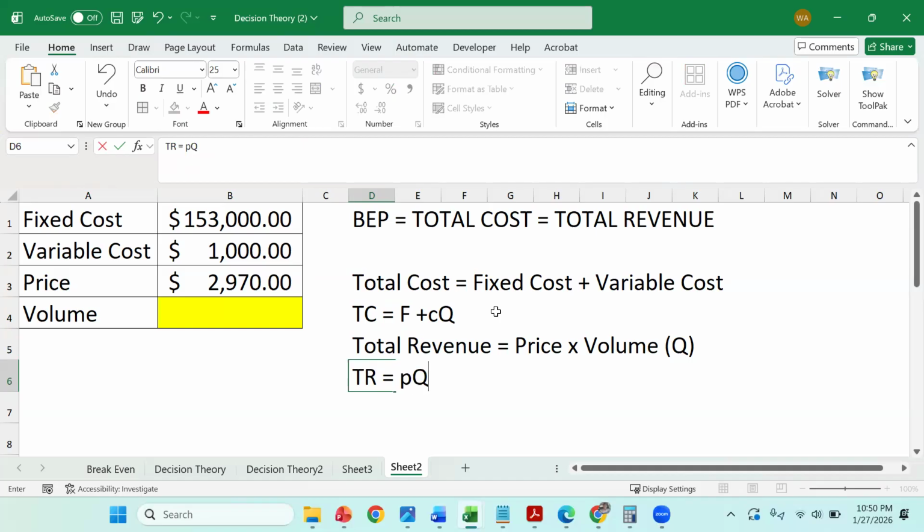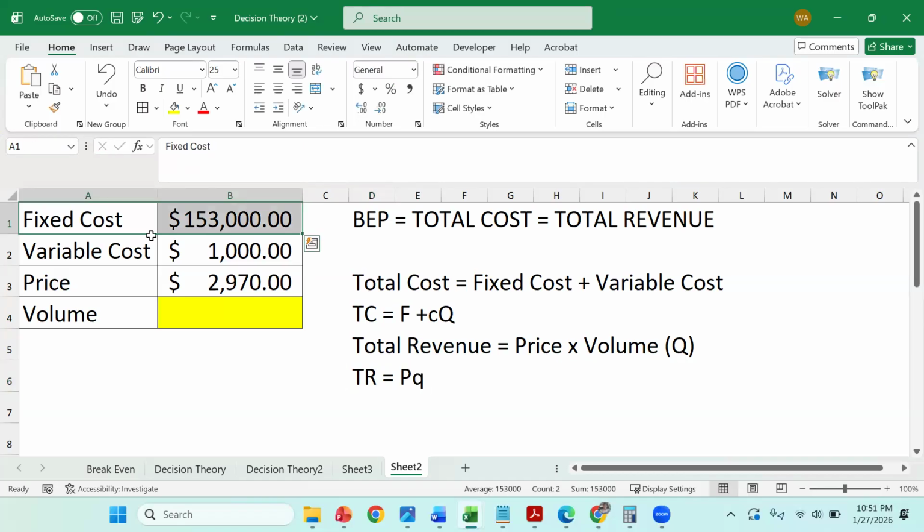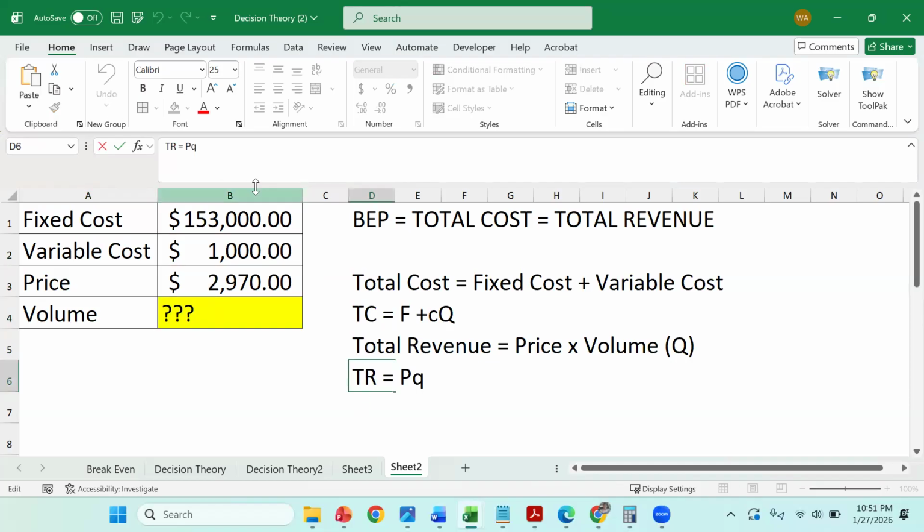So at break even, TC should equal TR. We have our fixed cost, our variable cost, and our price. The only thing that's lacking is the volume, the number of patients at break even. So let's go ahead and figure that out.